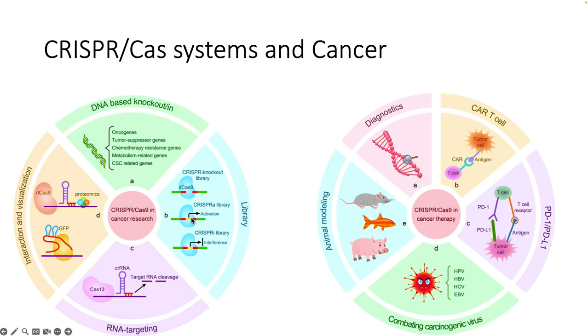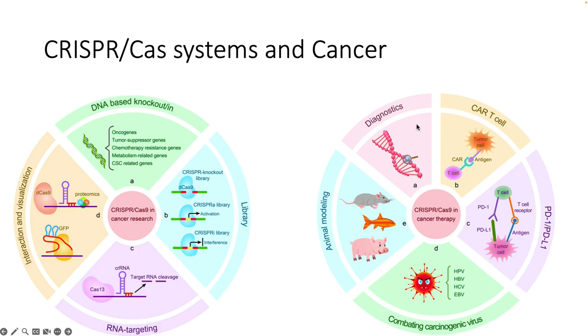If you're doing activation, whatever's attached to the dCas9 will fill in this gap and result in activation, versus if you're doing interference, it's the same thing except it results in suppression of the gene because you have a different protein tagged to this dCas9, like I explained before.